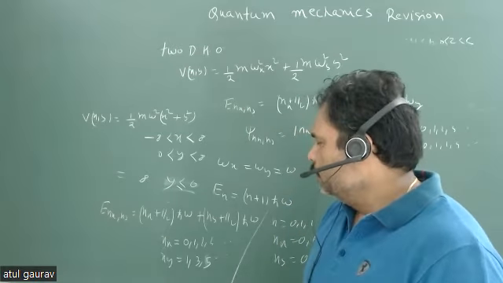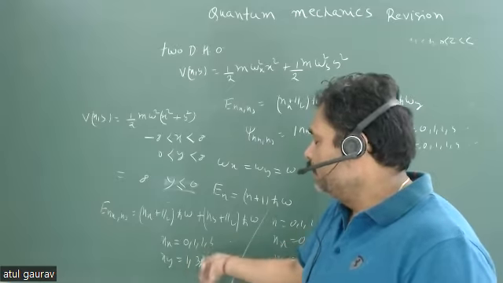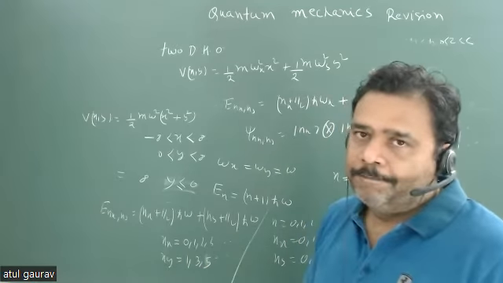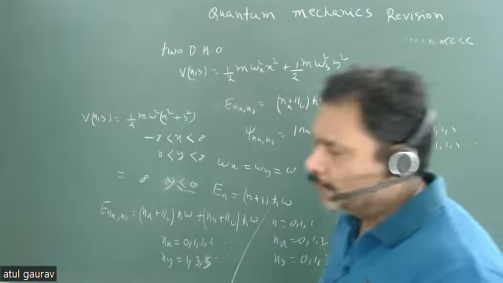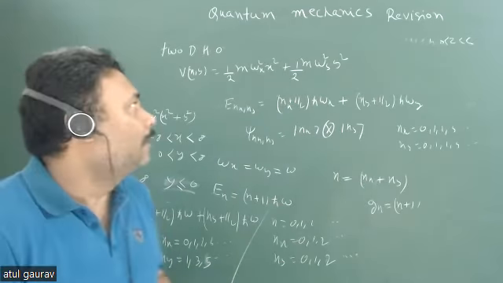So you will see that in some cases you get degeneracy, in some you don't, and you can check these things easily. So you can have this sort of problem. And similarly, you have to go for the 3-dimensional harmonic oscillator.